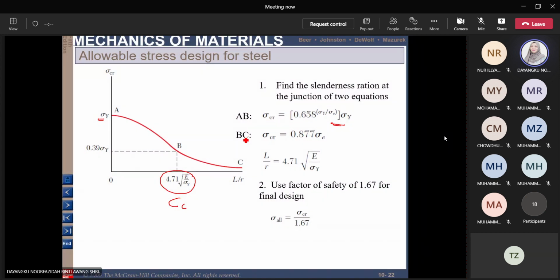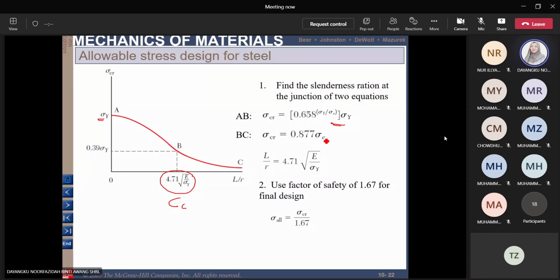Then we can get the value of allowable stresses using this formula here. So this is for the steel, and then we will use this elaborated concept to calculate our allowable stresses in terms of designing.